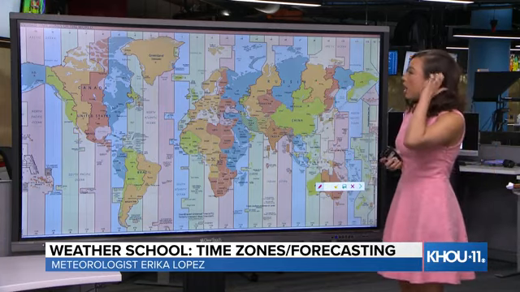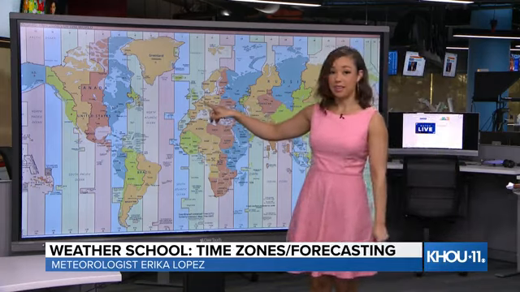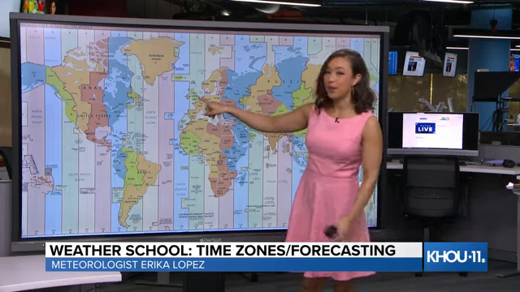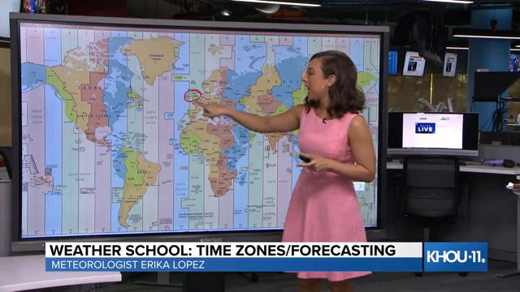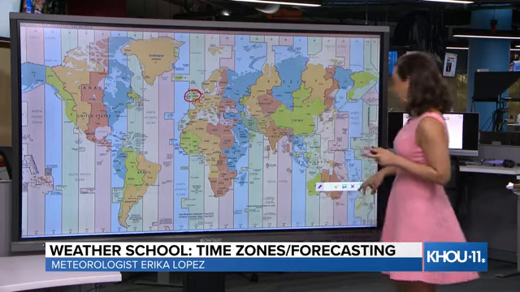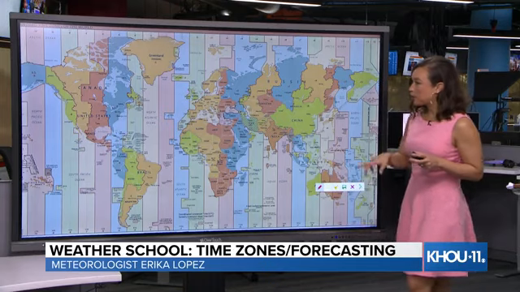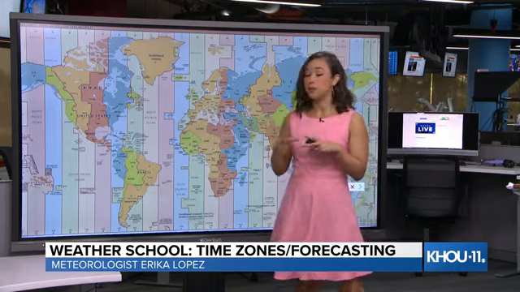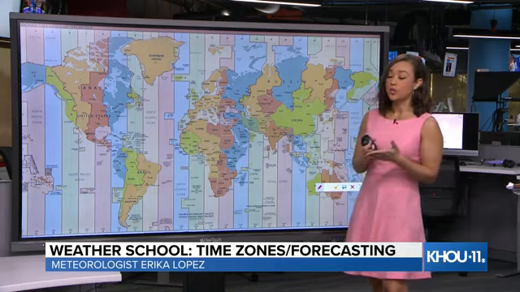So I'm going to give you guys some history here. Back in the mid-1800s, Greenwich, England. So here's the United Kingdom. I know this graphic is very, very tiny for you guys, but here's the UK. London's right there. Greenwich is just outside the heart of London. And folks around Greenwich were the ones who invented Coordinated Universal Time.